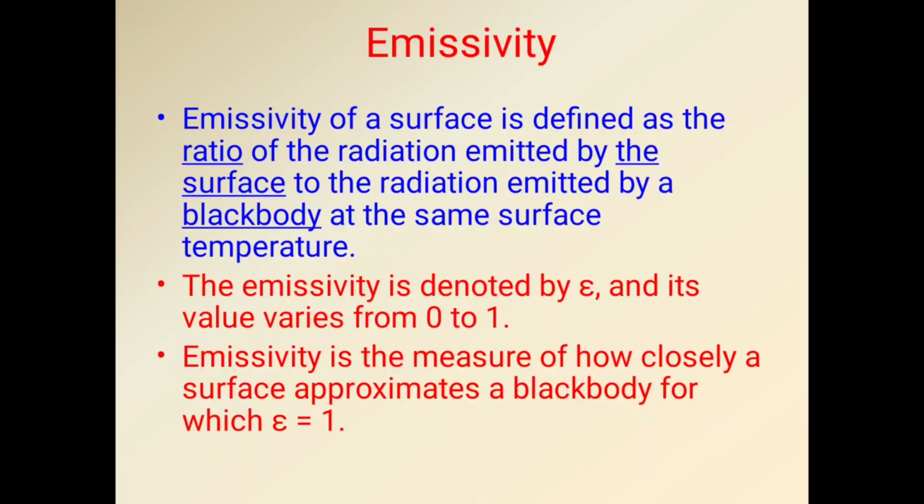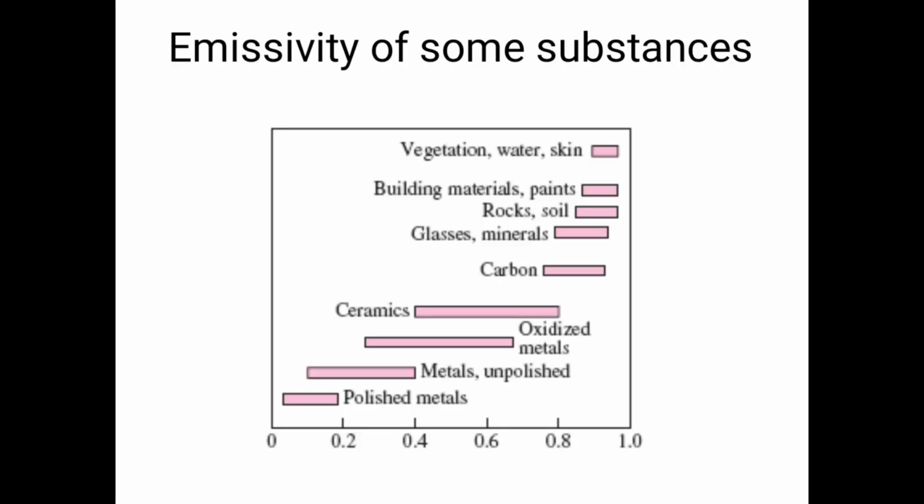The emissivity is the measure of how closely a surface approximates a black body, for which epsilon is equal to 1. The emissivity of surface substances covers vegetation, water, skin, building material, paints, soil, rocks, glass, minerals, carbon, ceramics, oxide materials, and metals, both unpolished and polished.